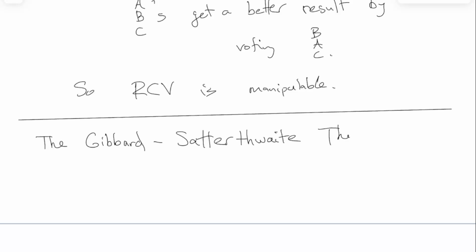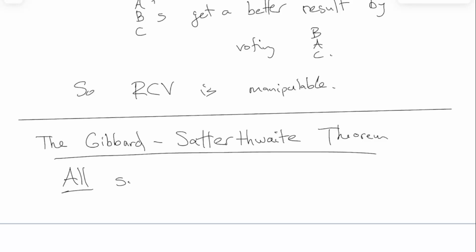This is the Gibbard-Satterthwaite theorem. And it says, this is another kind of bad news theorem about voting systems. It says all systems are manipulable, except there is only one that's not manipulable.